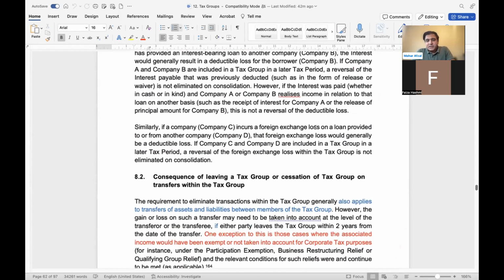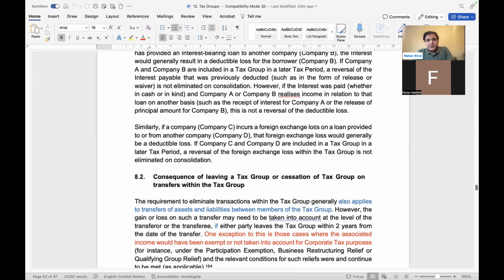As I discussed, all intra-group transactions will be eliminated. In the same way, if there is any intra-group transaction for the transfer of assets or liabilities between the members of the tax group, this transaction will be eliminated as well.